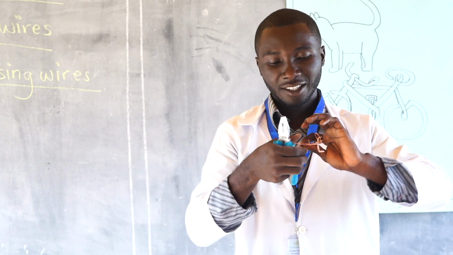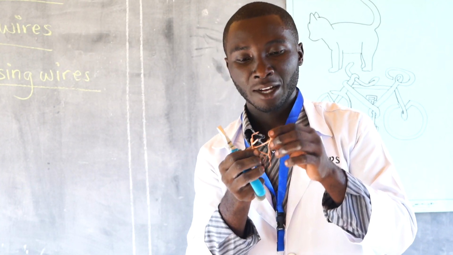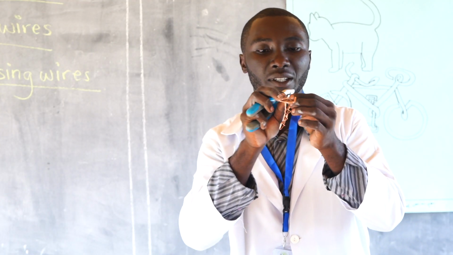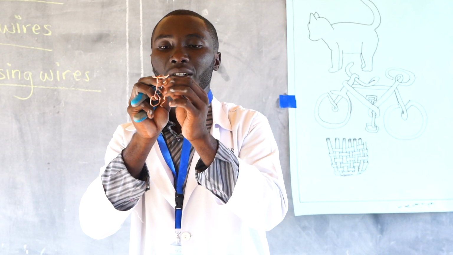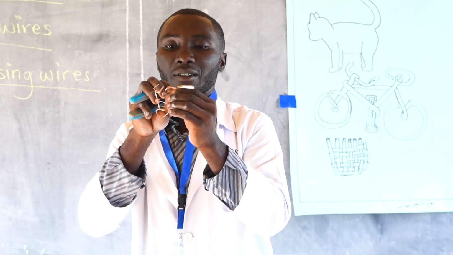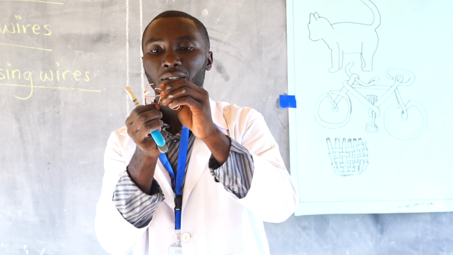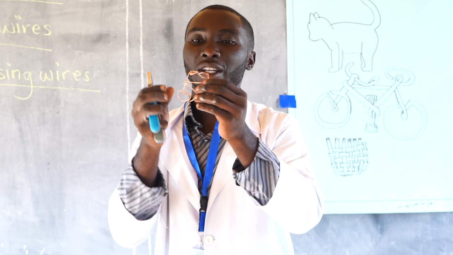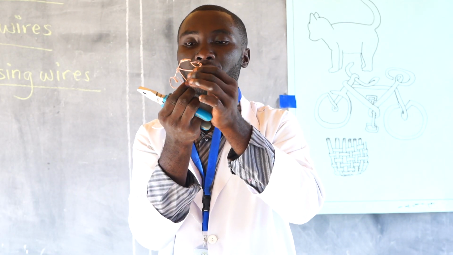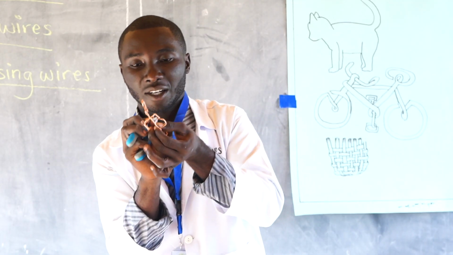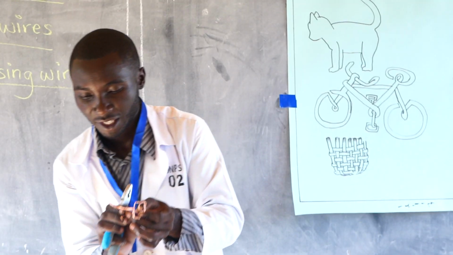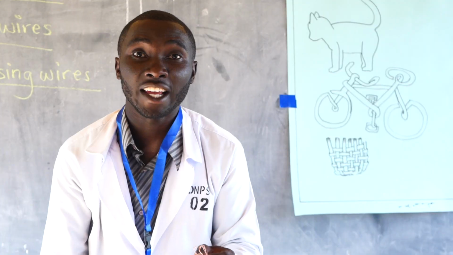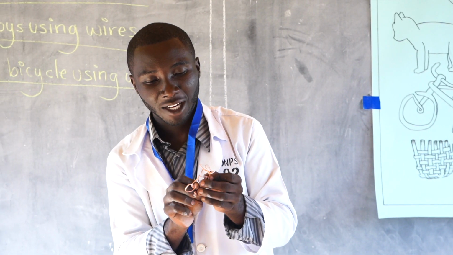Okay, at this step you can see that our bicycle is having a seat, a front wheel, a handle, and pedals. Okay, so the last step is to fix a chain and fix what?